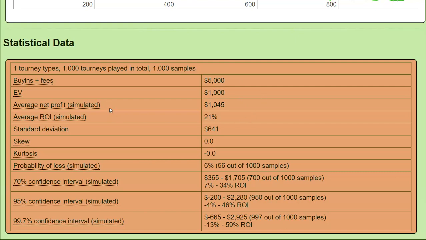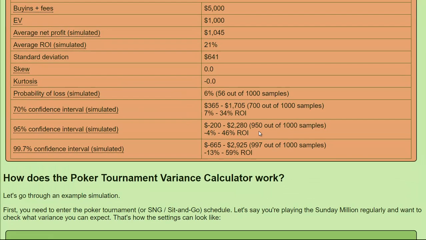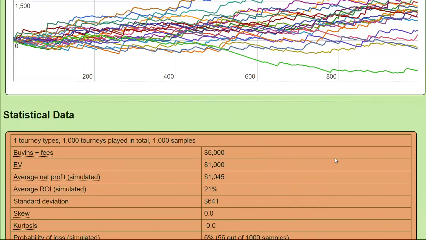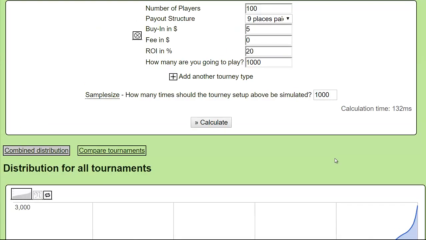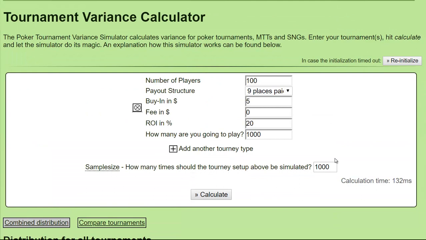It gives for the samples that we actually played what the values are, the standard deviation, and confidence intervals. So you can scroll around, look at all of that data, but this is a very useful tool for whatever format that you're playing there at PrimeDope.